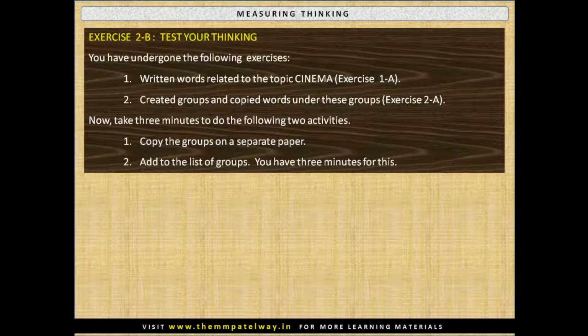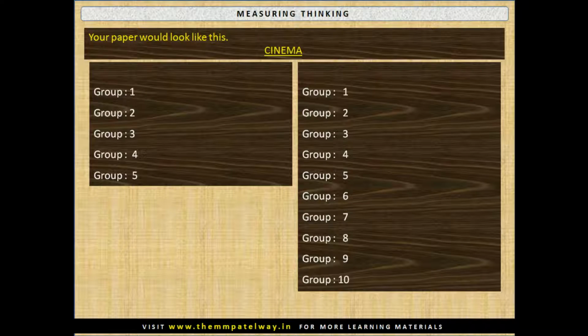For this, you have 3 minutes time. Your paper would look like this. Part 1, the groups which you have already written, and part 2 for the new groups which you are supposed to write now. Now stop the video for about 3 minutes and write the new groups.